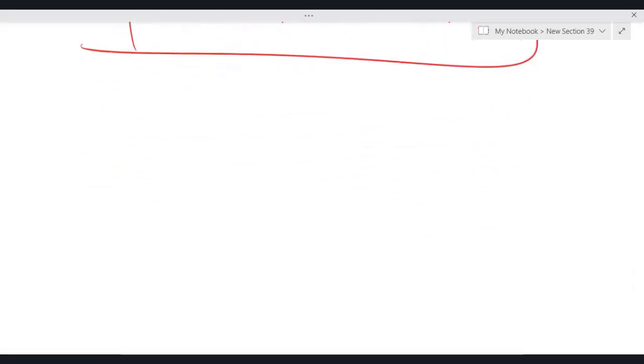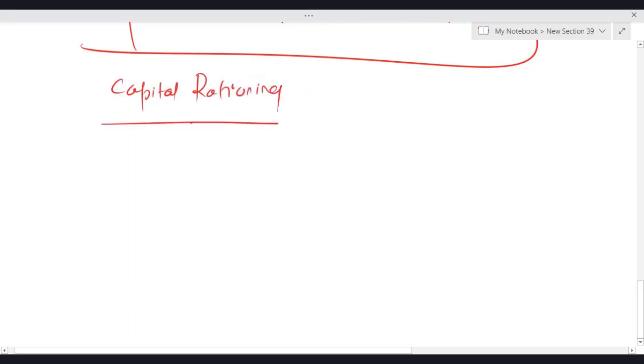Now let's move. Let's talk about capital rationing. Actually, capital rationing is the situation where due to lack of funds, due to insufficient funds, the organization obviously cannot opt for all the projects with positive NPV.